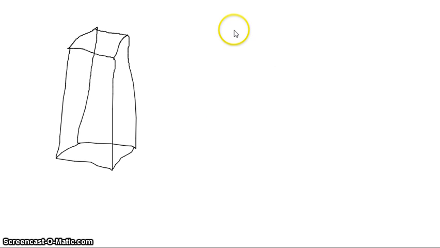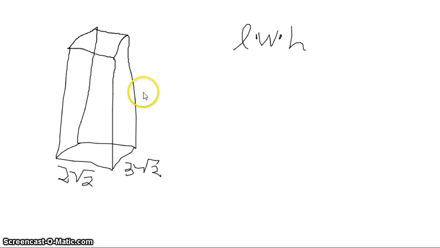For the volume you need L times W times the height. Let's say this one is 2 radical 2, that's 3 radical 2, and that's 6 radical 5.